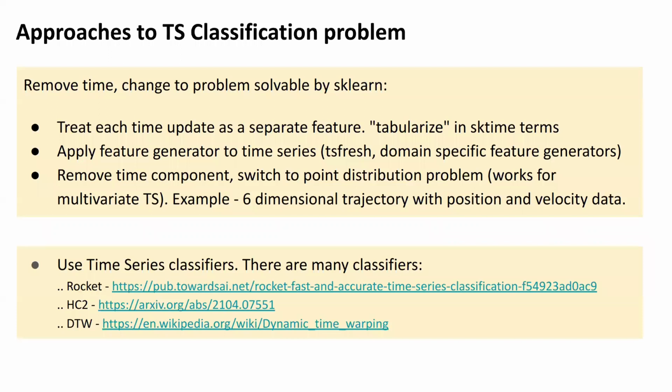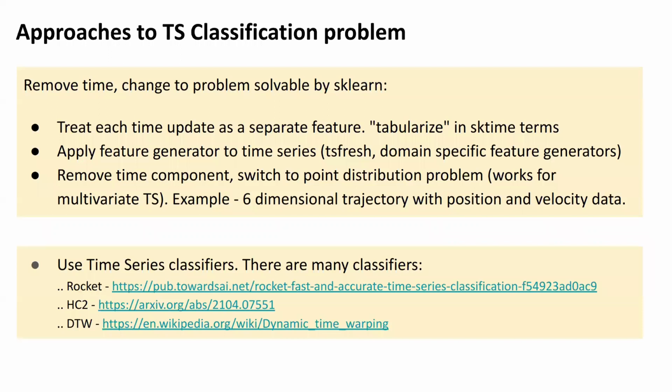So it's a point distribution. If you look at a graph of it, let's say in position and velocity space, you'll still know what it is, right? You know something is moving. You don't know which direction it's moving, but you know the trajectory. So it actually removes very little information, but now it's no longer a time series problem.